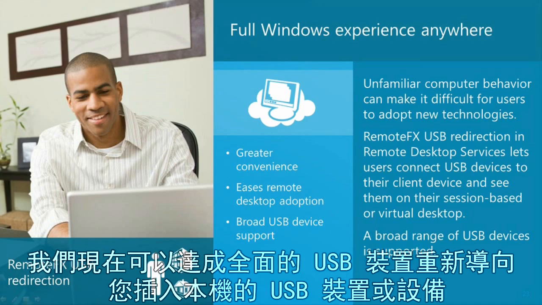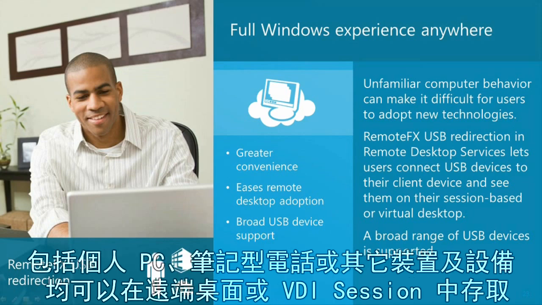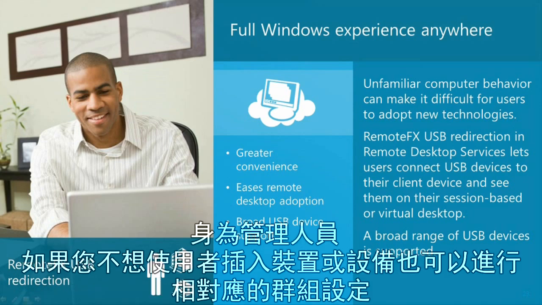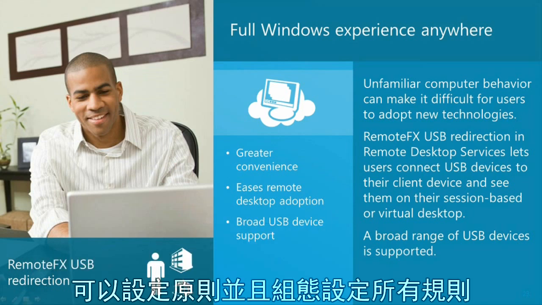So any USB device that you plug into your local personal PC or laptop or whatever it is, you can access that device inside the remote desktop session or within the VDI session. Now, as an administrator, you can configure that. If you don't want people plugging devices in, you can set up policies and configure all of that.